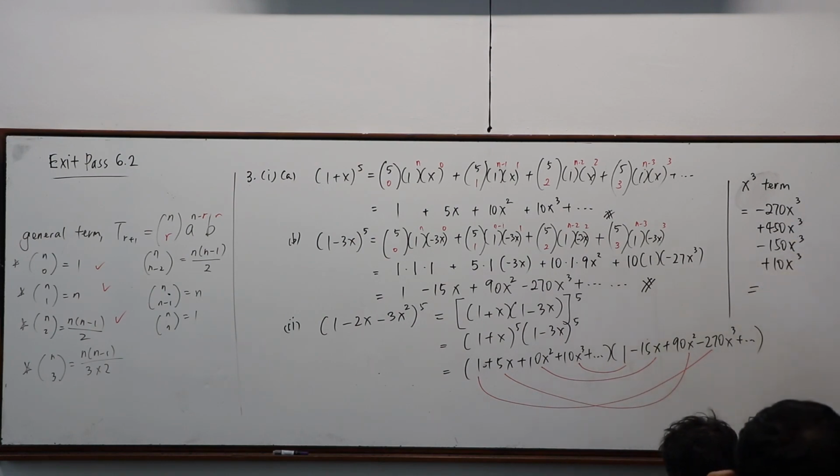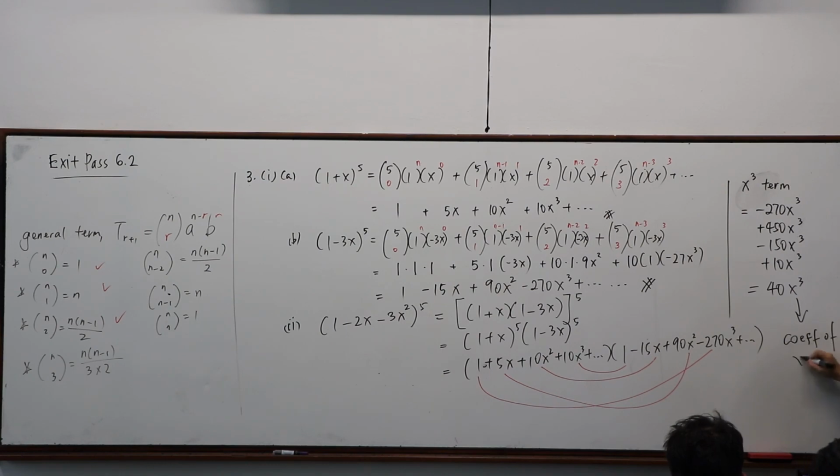So when you add everything together, this is 40x cubed. So the coefficient of the x cubed term is going to be 40.